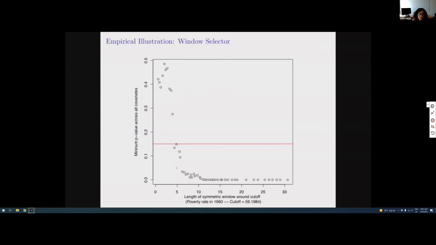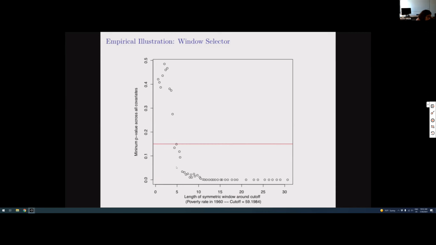And what you see here is that this is a typical plot for the window selector. This is the length of the window that I'm plotting, and here's the minimum p-value for each window. So for windows that are very small around the cutoff, so length 1 or 2, the minimum p-values are all very large, meaning that basically you cannot reject that the distribution of these covariates is the same.